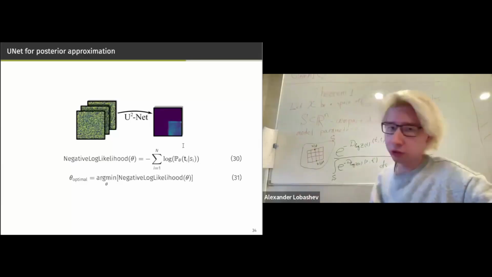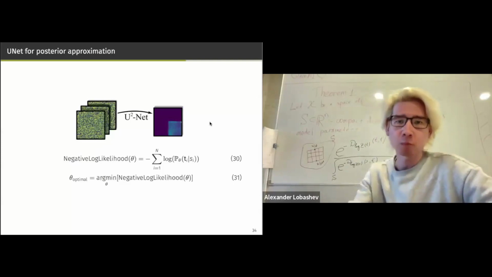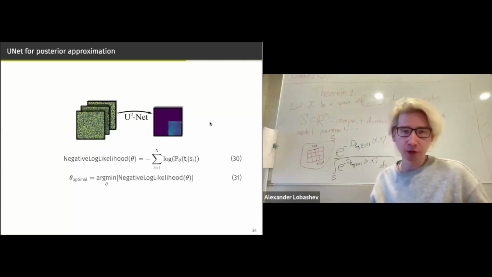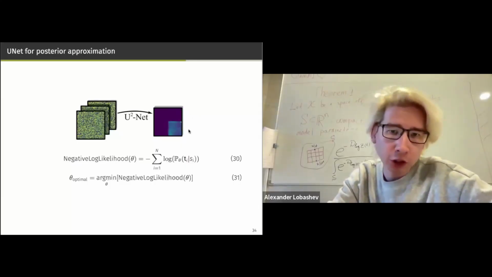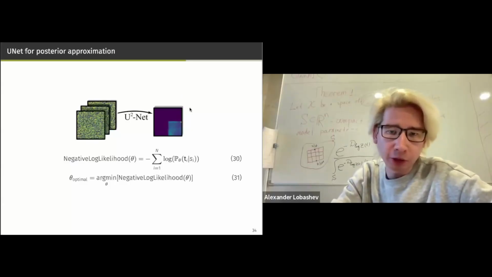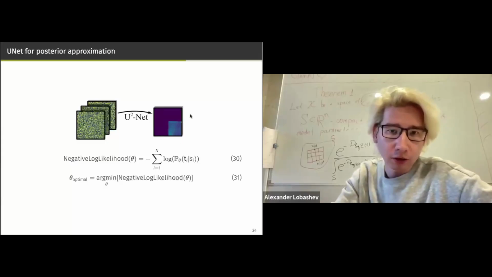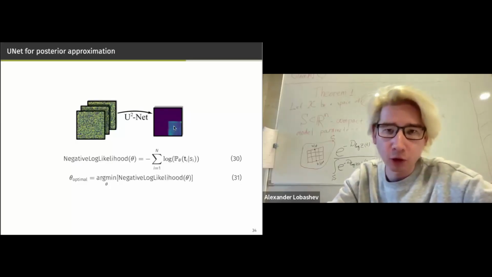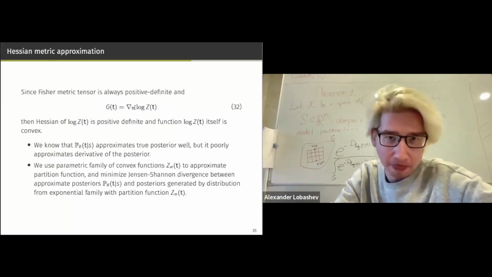As a result, we will have these posterior distributions for every given parameter. And this is actually, as I mentioned before, equivalent to knowing all tangent lines to a convex potential. Then we take these predictions and reconstruct from these tangent lines our true free energy, or by taking its Hessian, we reconstruct the Fisher information metric.